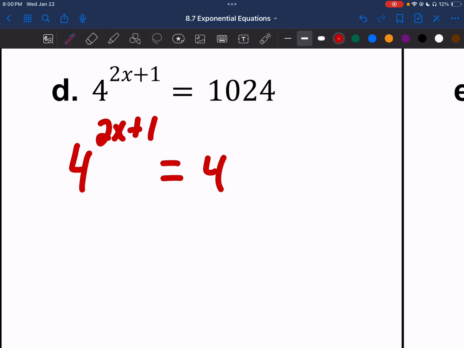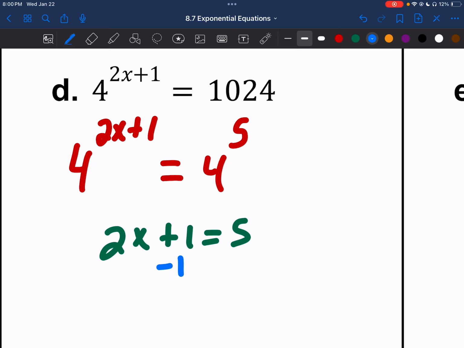It's not something we've seen before, but we know 4 times 4 is 16, times 4 is 64, times 4 is 256. We've already been to there. Times 4 again gets us to 1024. So if you were checking, that is 5 4s. So now we have 2x plus 1 equals 5.